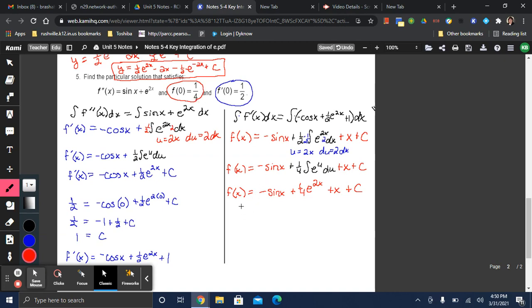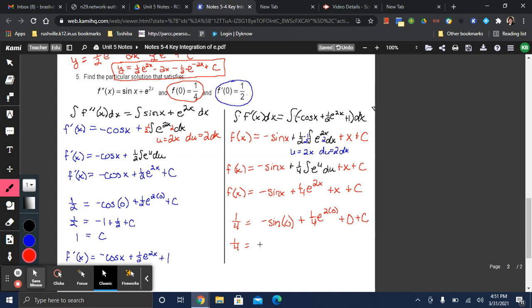So f of 0 equals 1/4. We'll put 1/4 in for f of x and 0 in for the x. So we have 1/4 times e to the 2 times 0 power, plus we have another 0 here, and then your c.